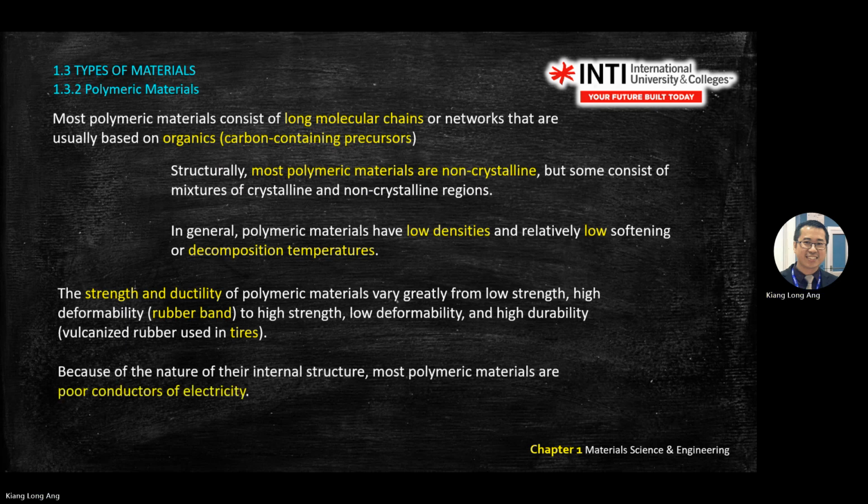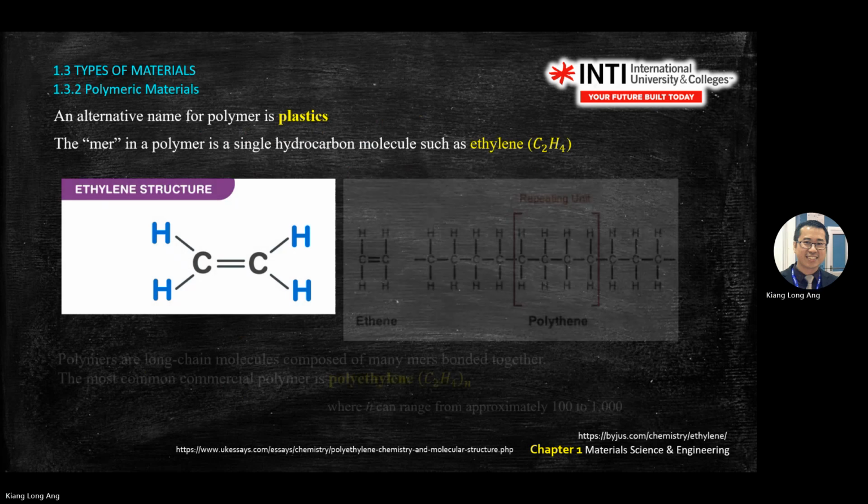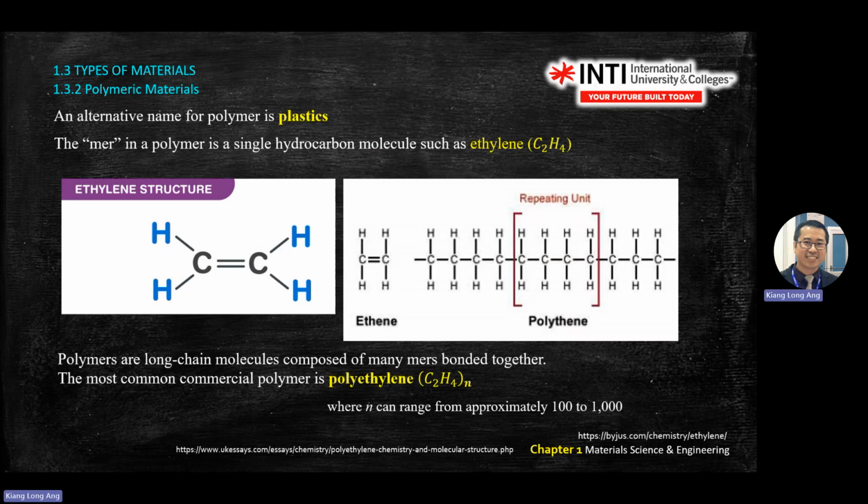They are poor conductors of electricity. Later you'll see a graph that explains all the material properties. There's one particular chapter about polymeric. I won't go deep into this one, but this is what you're familiar with from your SPM examination. You learned about the rubber polymerization process.